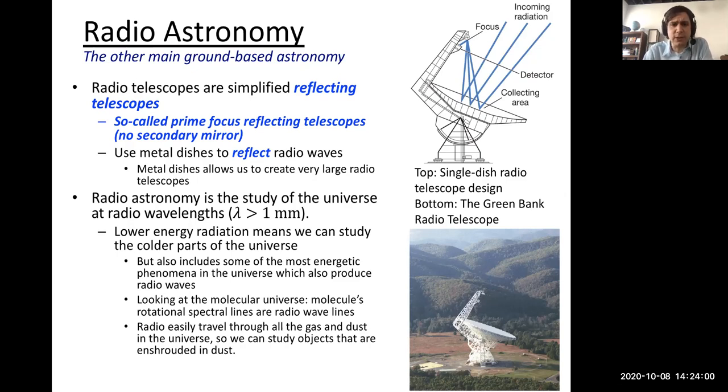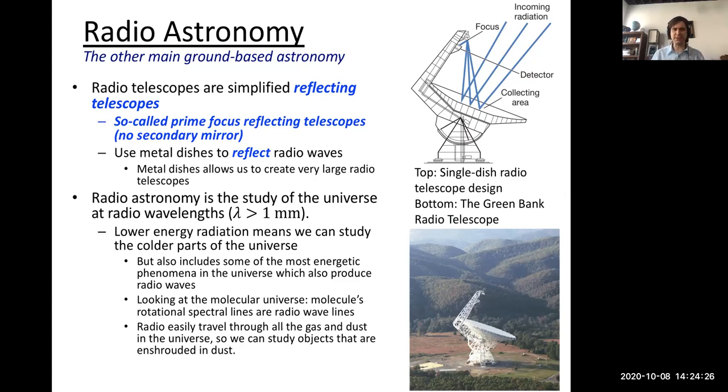Okay, so let's talk a little bit about what we're going to be doing with radio astronomy. Radio waves have very long wavelengths. That means they have very low energy because the energy of a photon is inversely proportional to the wavelength of light. So a very long wavelength translates to a very low energy photon. The lower energy radiation means that we're going to be studying the colder parts of the universe, the things that give off preferentially radio wave light.